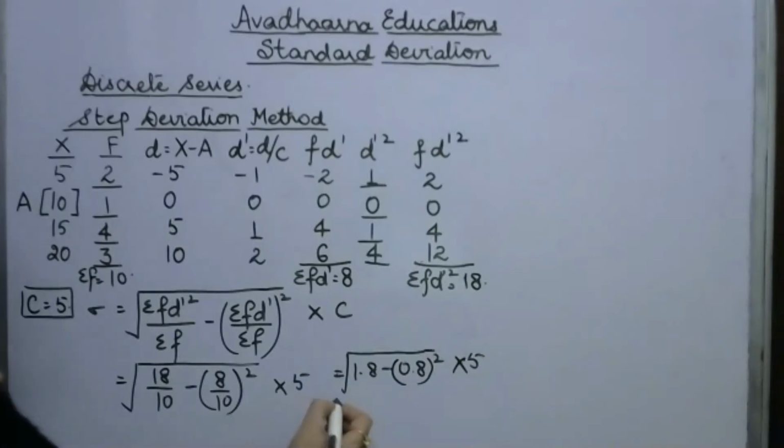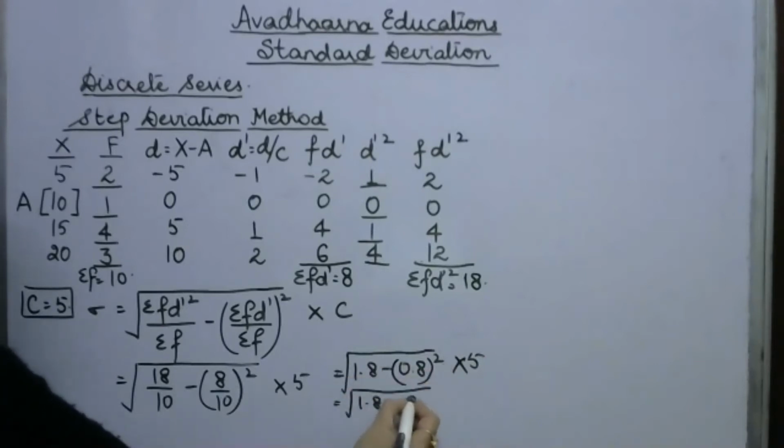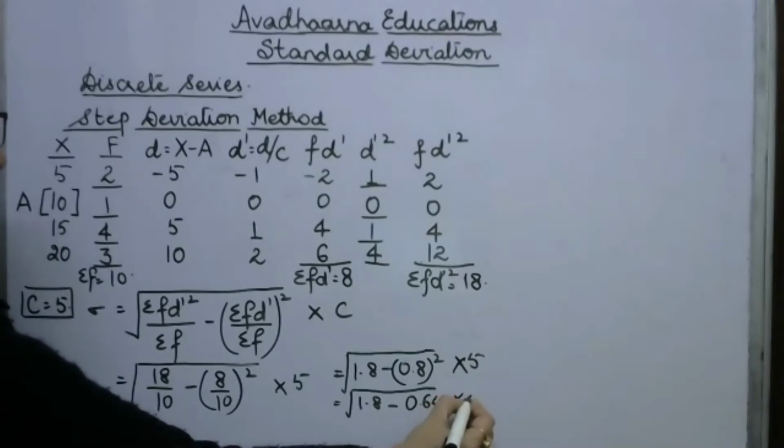Fine. So it is equal to under root of 1.8 minus 0.8 whole square, which is 0.64, into 5.